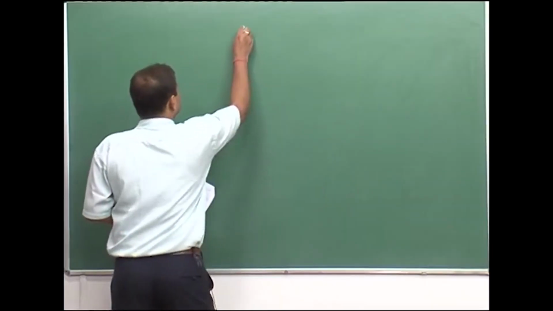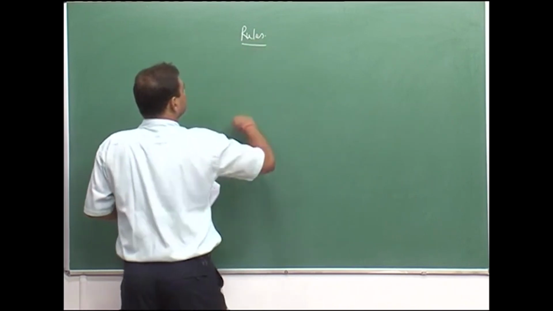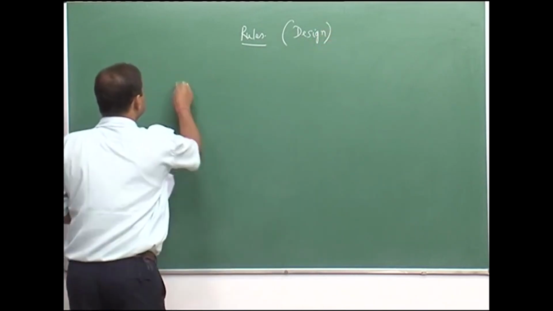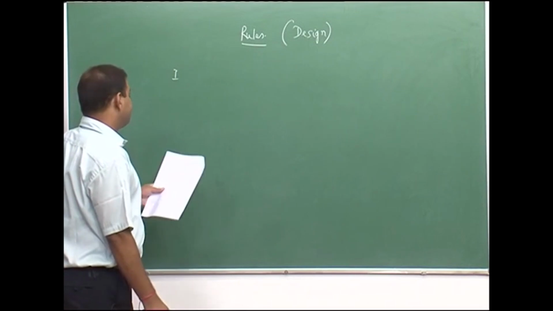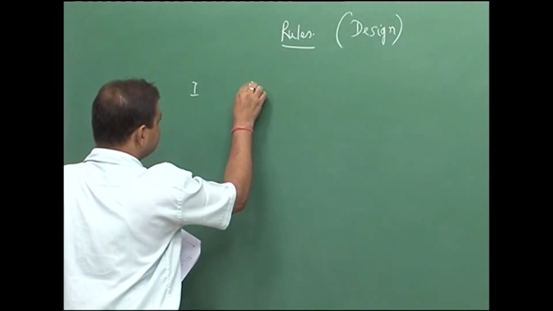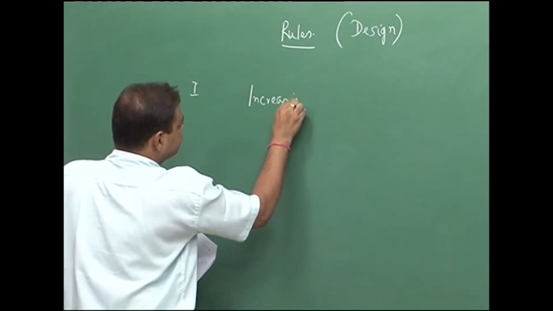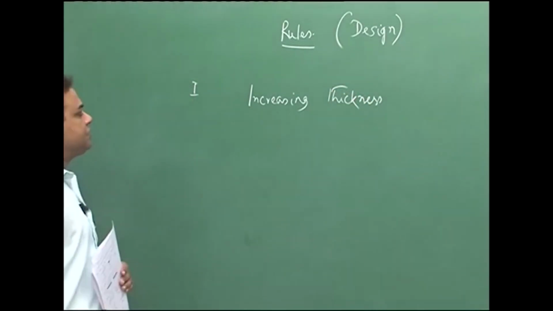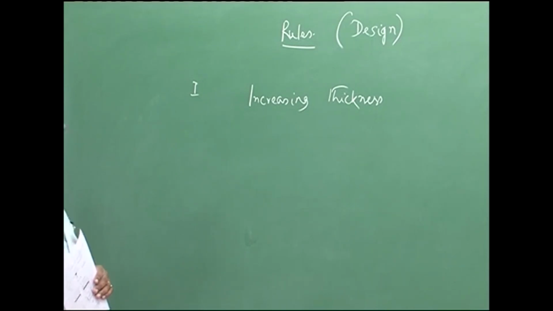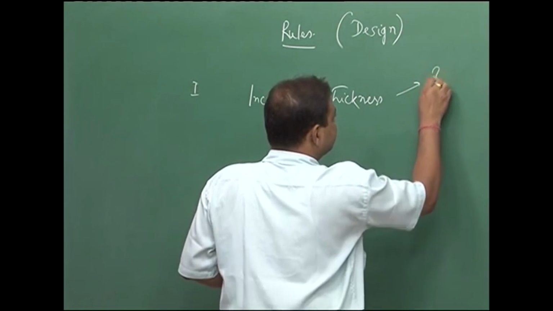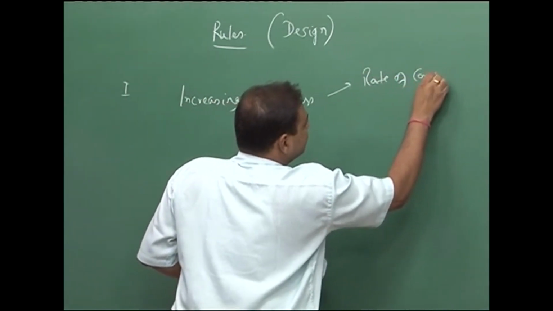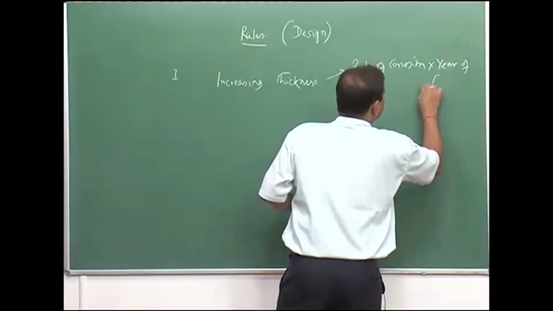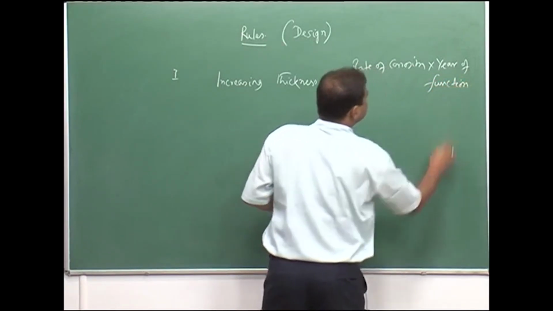Rule number 1: one can think of increasing the thickness of the component, and that thickness would be decided by the rate of corrosion into years of function of that particular component.